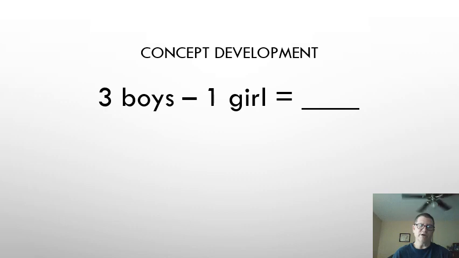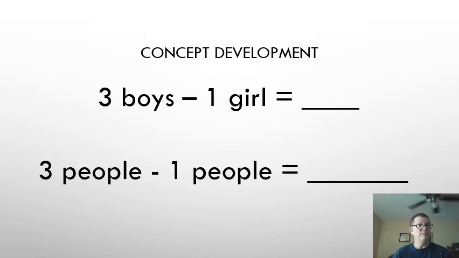So once again, we're going to change the category so we have like units. So what we could change it to would be people. 3 people minus 1 people. And yes, I know Miss Beamo would not like us saying 1 people, but this is math and we're trying to get like units, okay? So when we have 3 people minus 1 people, we end up with 2 people, okay?